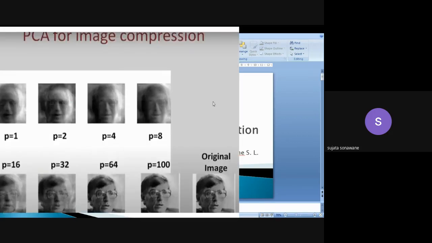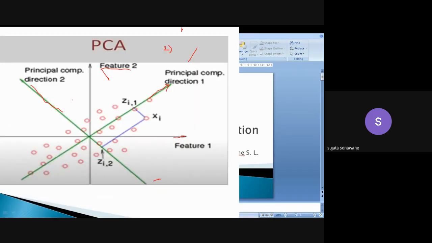Now we will see one example, one application of principal component analysis. Why are we using principal component analysis? Because in a real-time data set, we have a number of features.